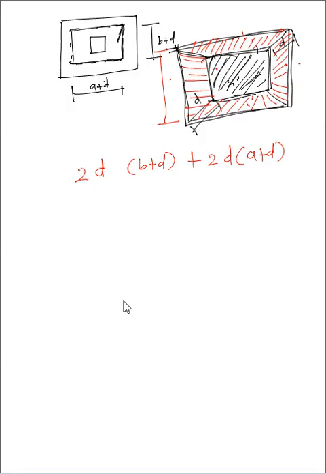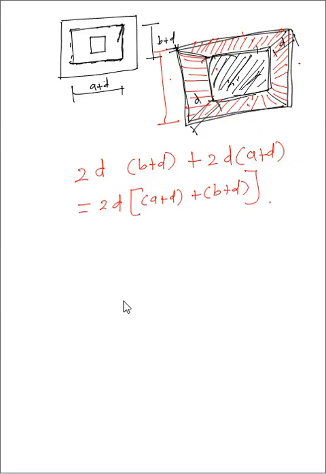So I am taking 2d common, and it will be 2d times (a plus d plus b plus d).